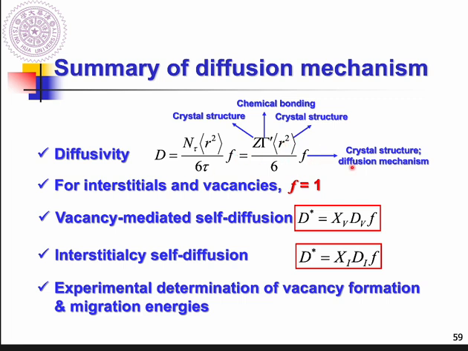This is the 3-dimensional case. For interstitial or vacancy, f equals 1. But for the host atom, they diffuse through vacancy or interstitial site, self-interstitial site, then it will be xv dvf or xi dif.